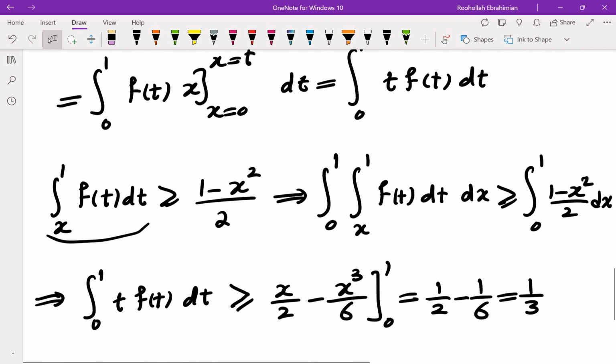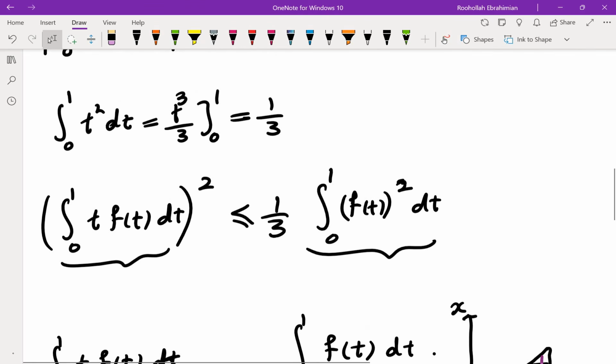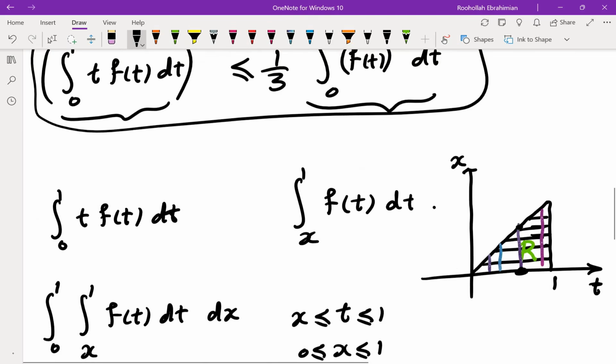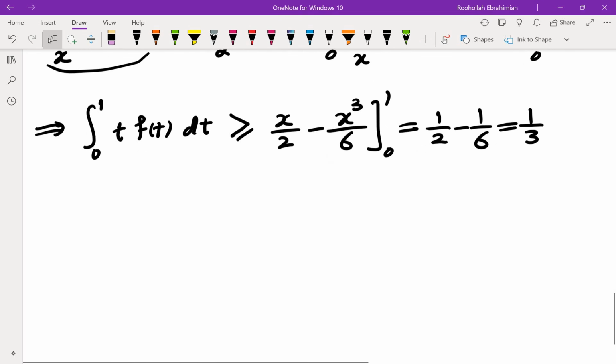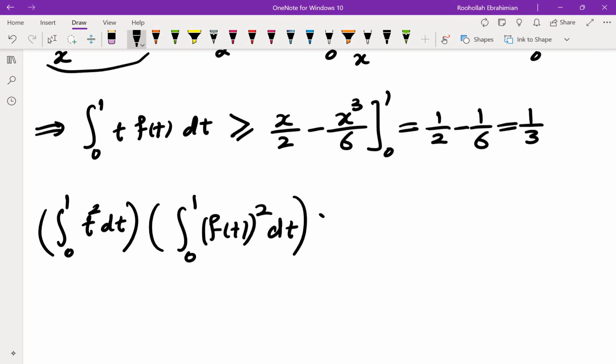Now looking back and comparing it with what we got before, by which I mean this inequality, we can actually obtain the result. So how do we do that? We have that the integral from 0 to 1 of t squared dt times the integral from 0 to 1 of f of t squared dt, by Cauchy-Schwarz, is greater than or equal to the integral from 0 to 1 of t f of t dt, all of that squared.